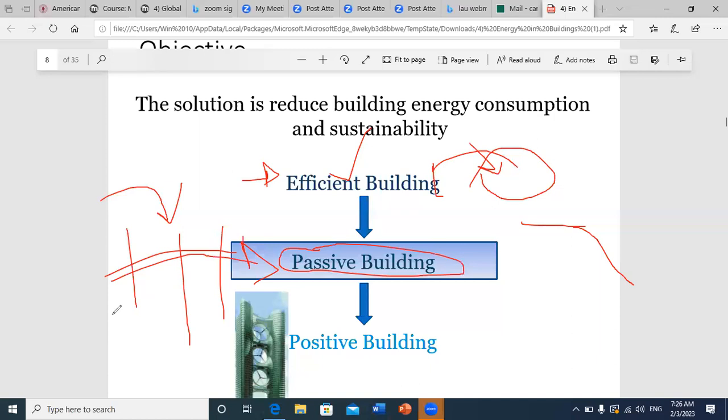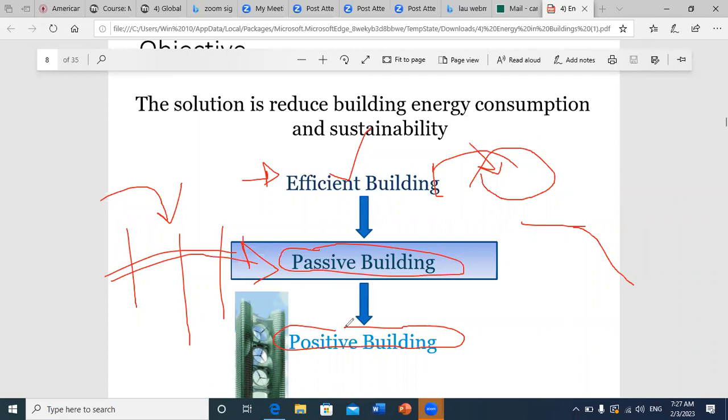And if you reach the level of implementing several passive strategies, plus you use with them renewable energy, you can reach what we call a positive building. A positive building will, if you want, produce energy instead of taking energy. We also discussed this when we talked about, for example, the electricity grid in Europe. In European countries, you can connect your renewable energy systems to the grid of the country.